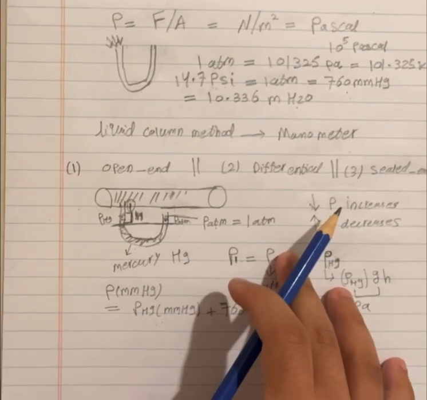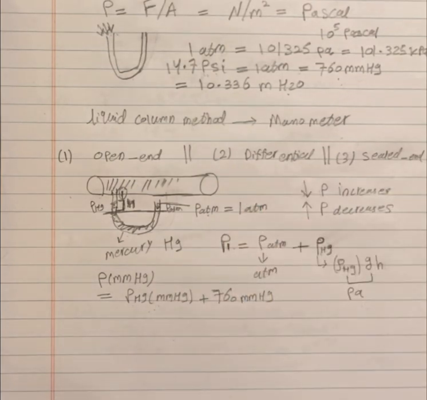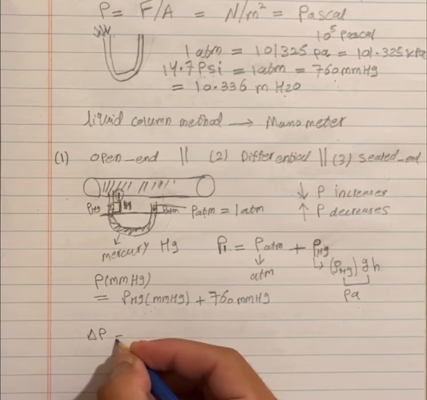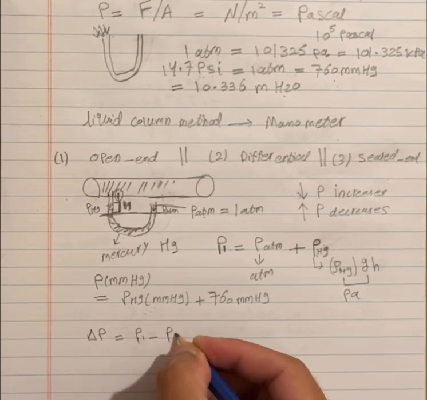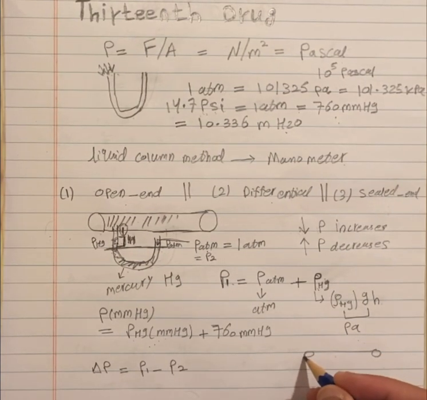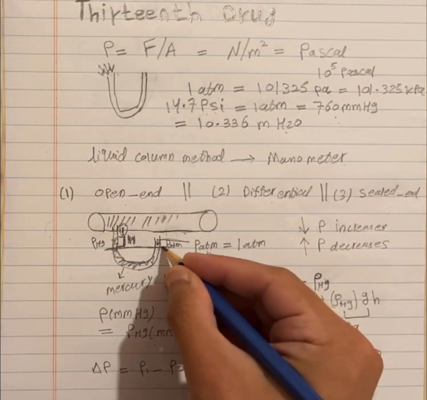The other type of the manometer is the differential pressure manometer. And from its name, it means that we will measure the difference of pressure, which is P1 minus P2. Just a quick drawing. A pipe like this case, but bigger like this one, and then not open to the atmosphere.